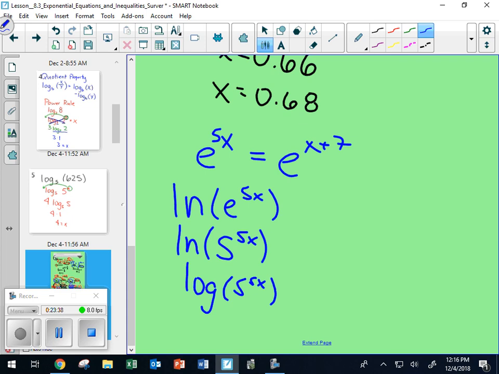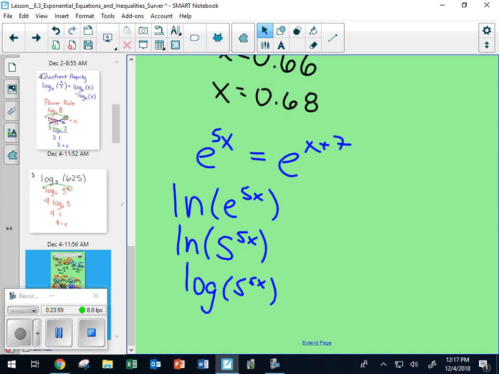And so I want to make your lives easier and not give you, okay, you have to do this in this case, and you have to do this in this case. So overall, I would just say if you have to use some kind of logarithm in order to get the exponents out, always use the natural log so that you don't have to worry about, okay, does it have an e in it? If it does, I have to use the natural log.